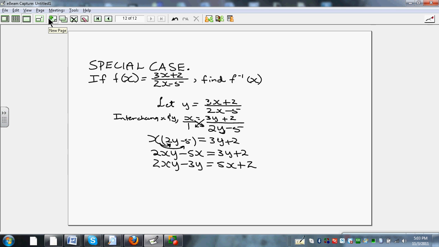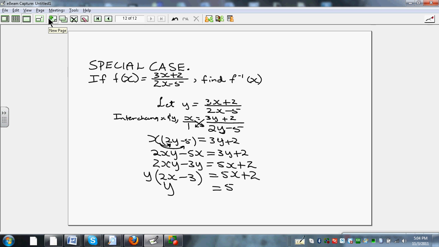The next step was take out y as a factor. So I'll get y here, 2x minus 3, if you take out y as a factor, and I get 5x plus 2. The next step is to realize that if I divide the left hand side by 2x minus 3, I'll get y. And I'm going to have to divide the right hand side by 2x minus 3 as well.